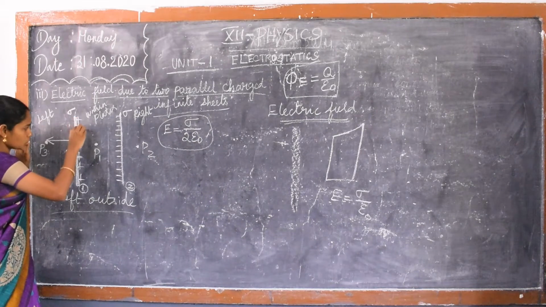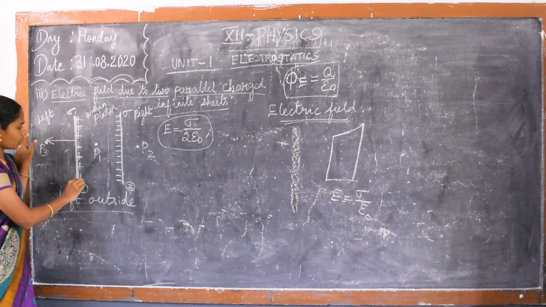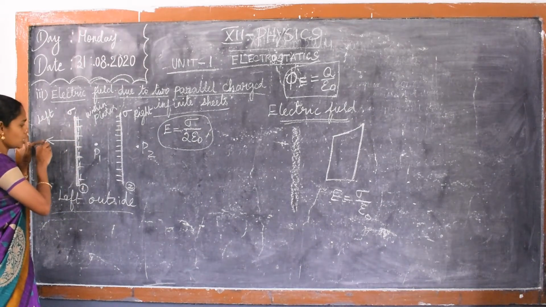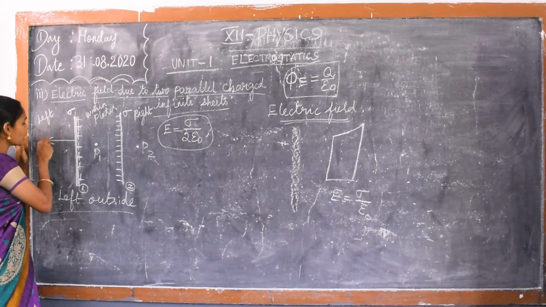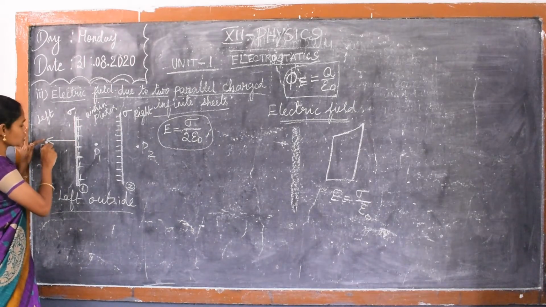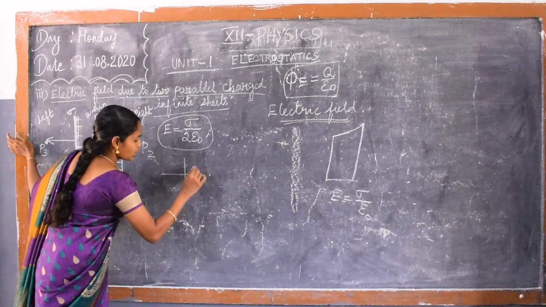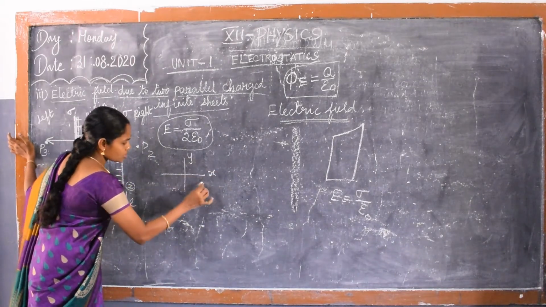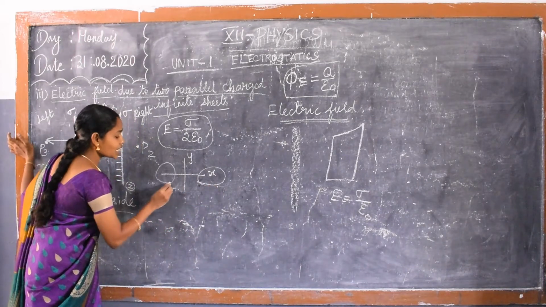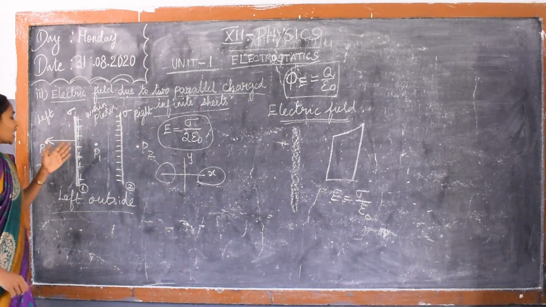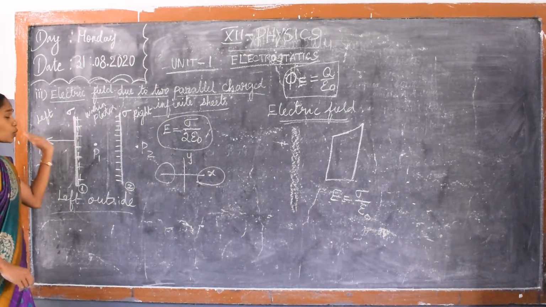In the xy plane, this is the positive direction and this one is the negative direction. So here the direction of the electric field is towards the left.